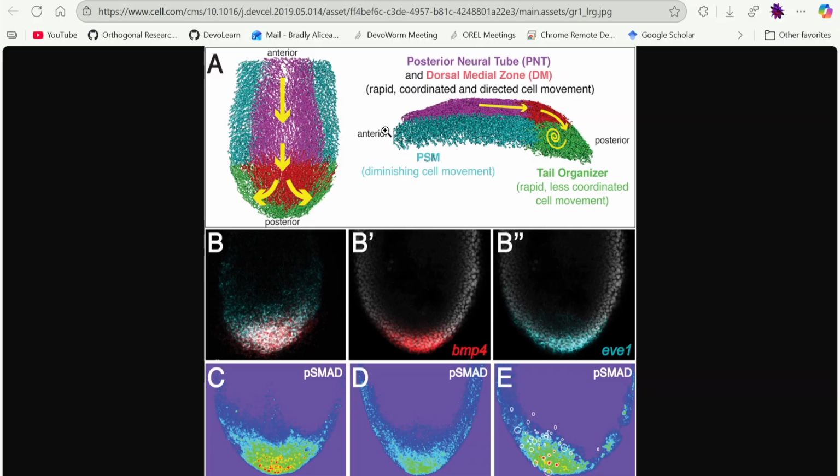So the cells are moving down this way to the posterior end. There's a tail organizer at the tail. There's no tail yet, but it's going to form the tail. It's setting up the signaling coordinate system for the tail. It says here's where the tail should be. Is that swirl an actual movement then?